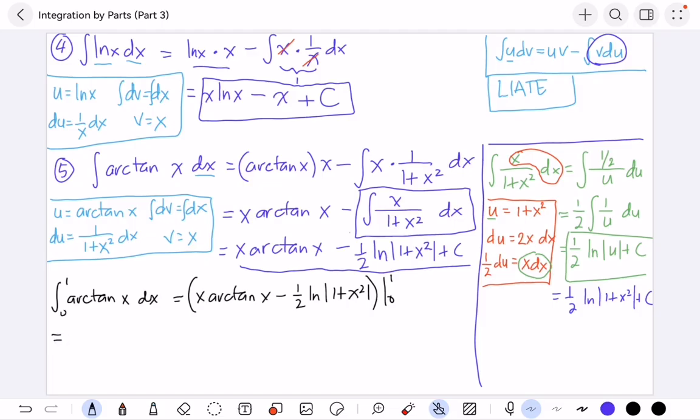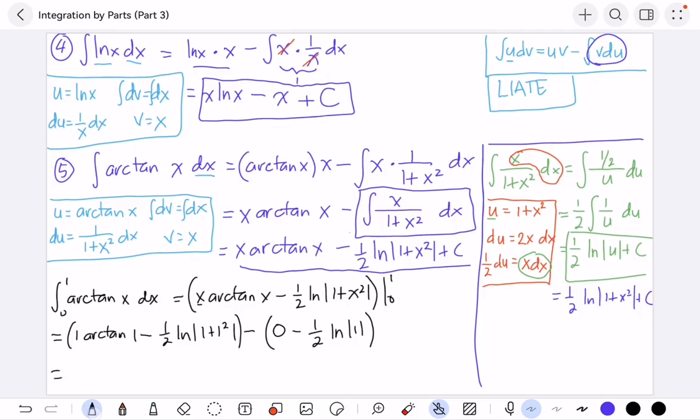So when x is 1, I have 1 times arctan of 1, minus 1/2 ln of the absolute value of 1 plus 1 squared, minus, when x is 0, this is 0 minus 1/2 of ln of the absolute value of 1.